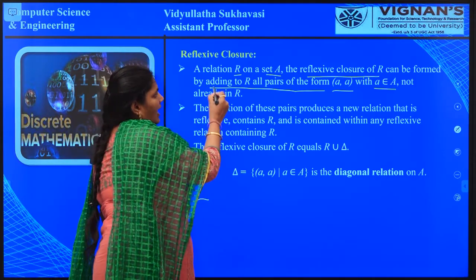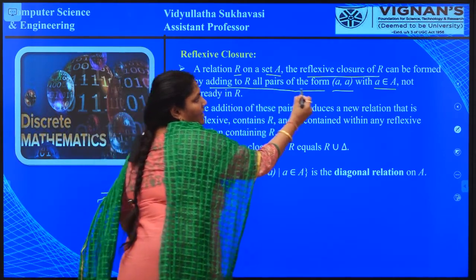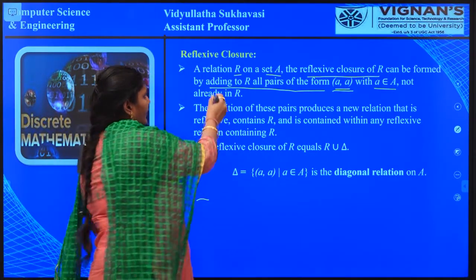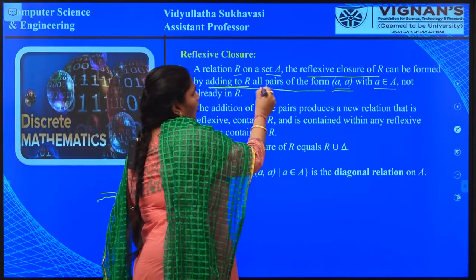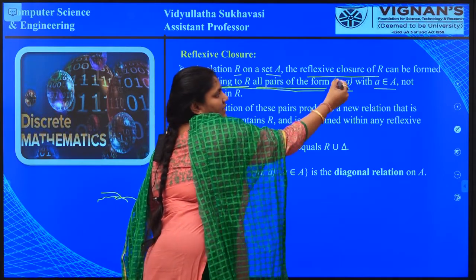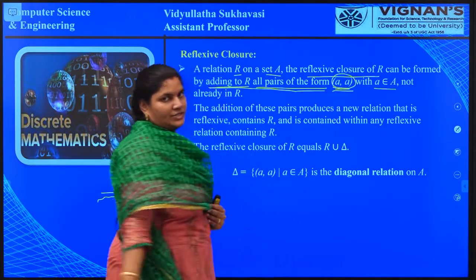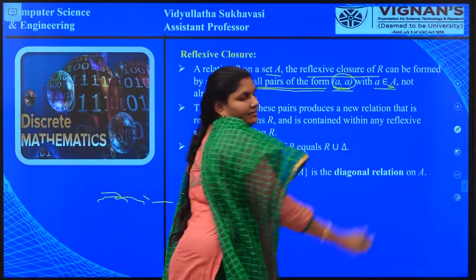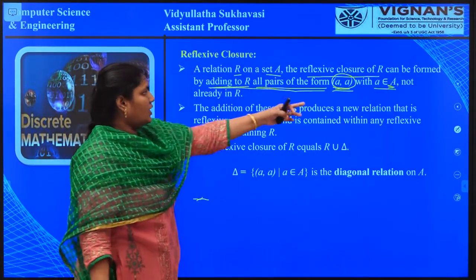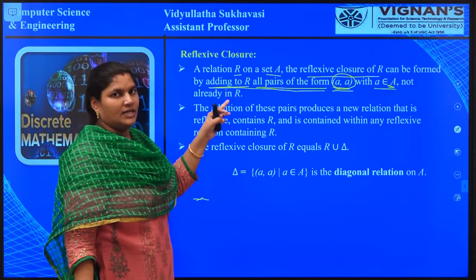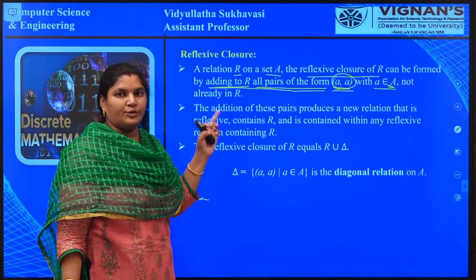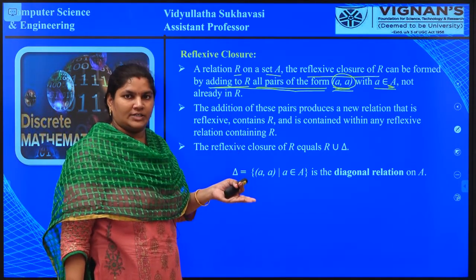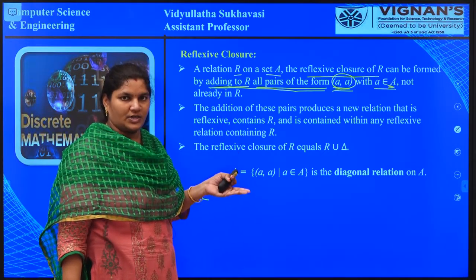We need to add to R all pairs in the reflexive combination based on the elements of set A that are not already in R. So we need to add the ordered pairs to form a relation R satisfying the reflexive property.